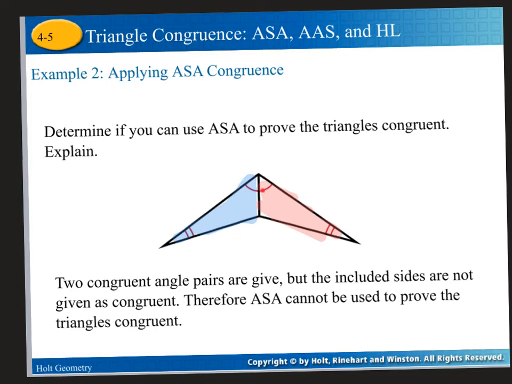And these angles at the top also are congruent. The blue one has one tick mark. The red one has one tick mark. But what we don't know is anything about the sides. So angle, side, angle requires you to know the length of that side that's included between those two angles. And since we don't know that, we cannot use this to say the triangles are congruent.